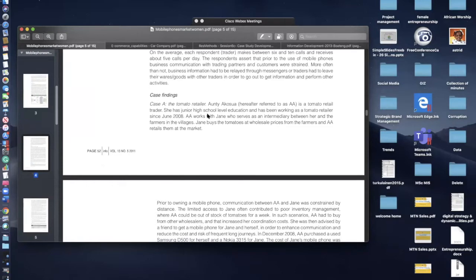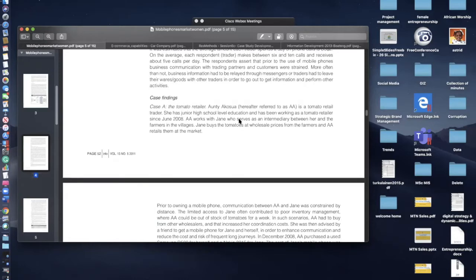She has junior high school level education, number two, and has been working as a tomato retailer since 2008, number three. AA works with Jane, number four. So all of these are background information. This background information establishes the context in which the case is taking place, so that when we put arguments across later, there is evidence to support it.